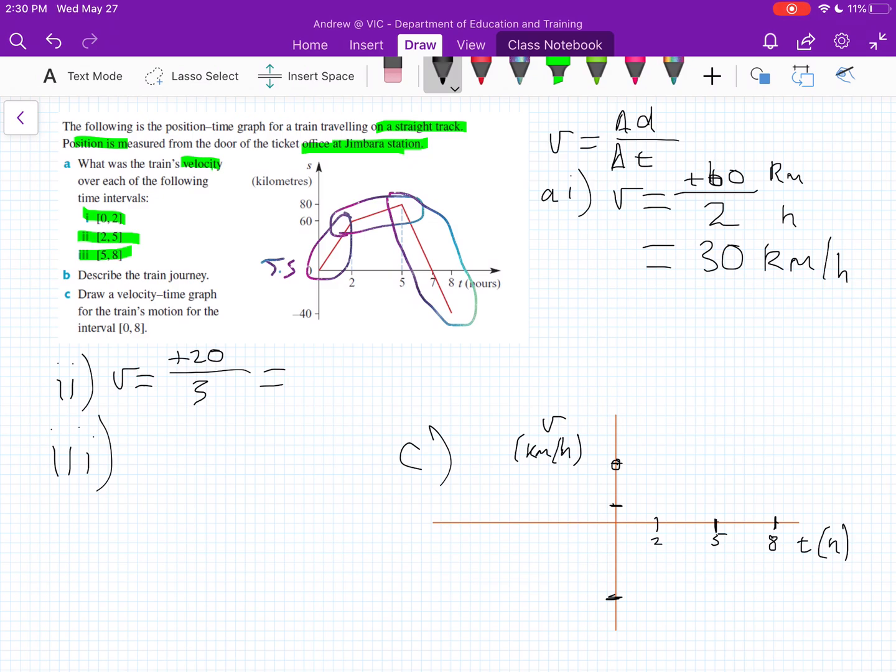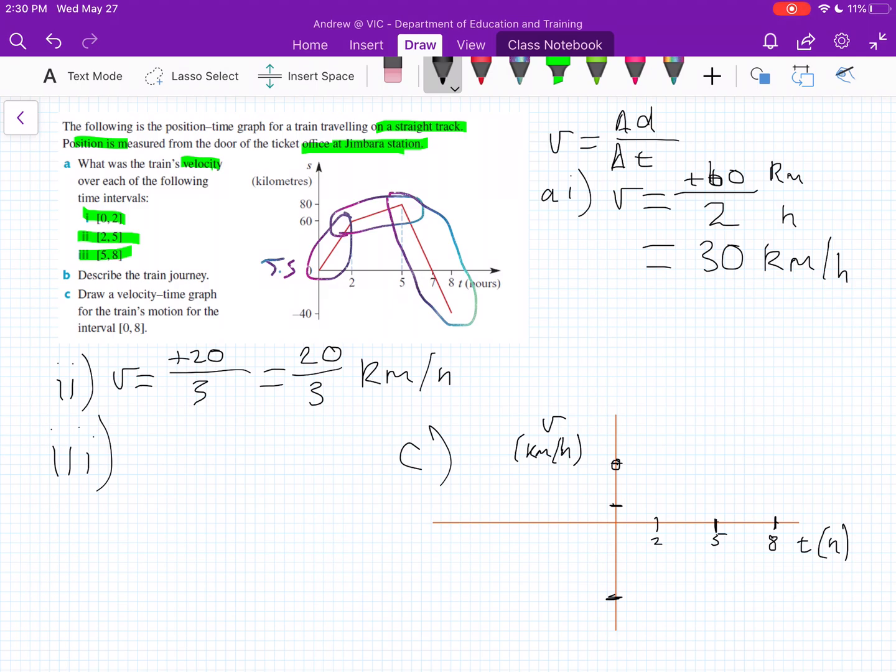Don't round it and put it as a decimal unless it asks you to estimate. So make sure that you do leave it as a number or an improper fraction or a fraction. They're more accurate than decimals. So this is 20 over 3. This is also kilometers per hour because we're using the same units.